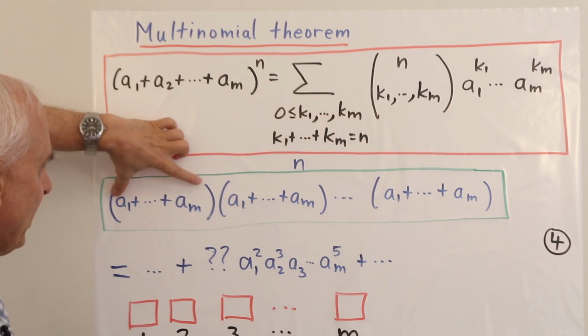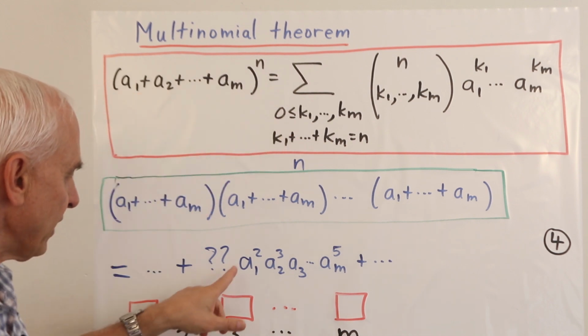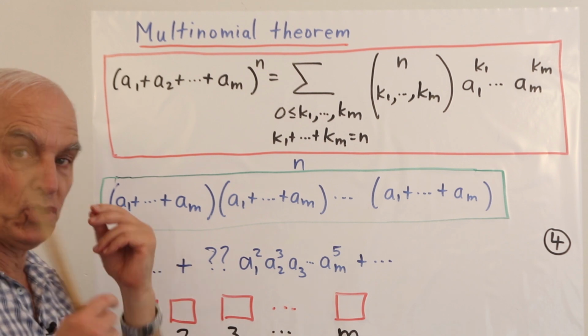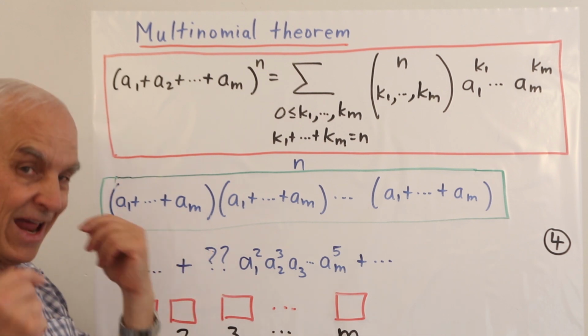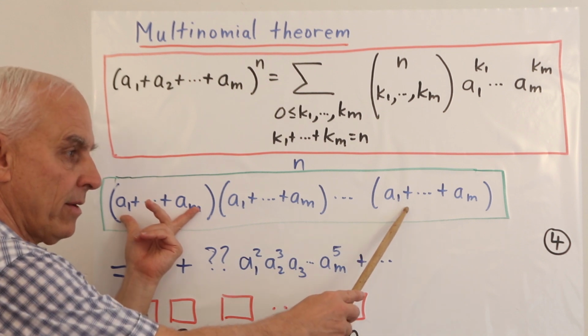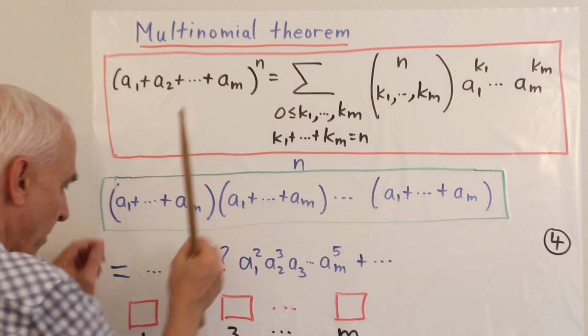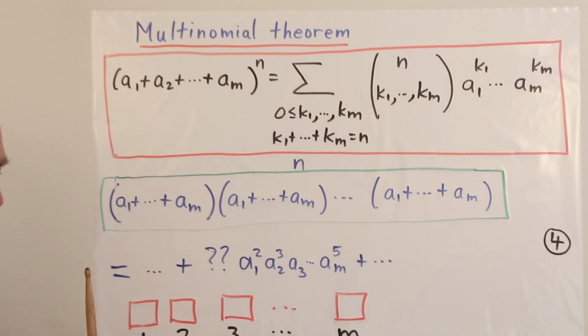So there's n of these brackets. And let's say this a1 squared, it's coming from two out of those n brackets, maybe from this one and from this one, okay? So that's the case. We have n things, and we're choosing two of them to be in that number one box.